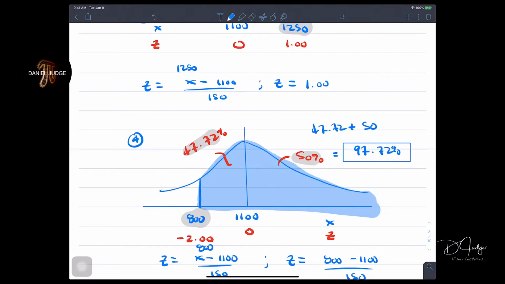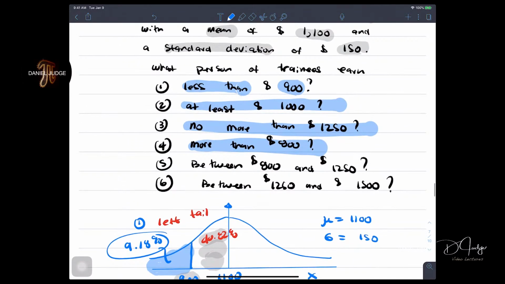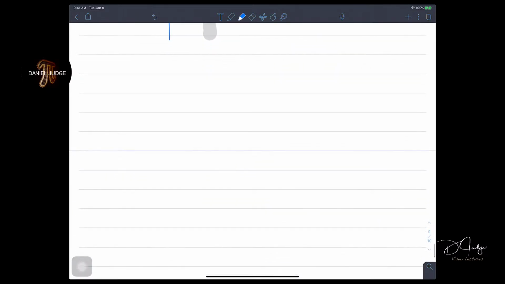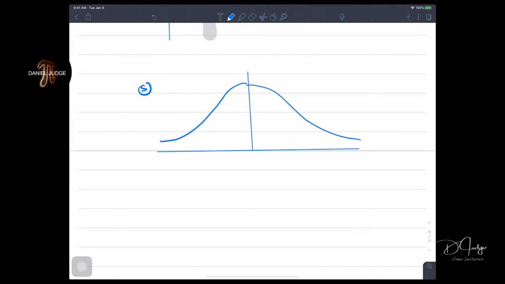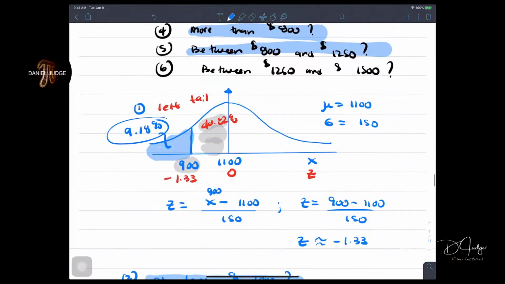Great, we're almost there. And let's see, what's number 5 going to be? So number 5, between 800 and 1250. Okay, let's draw a picture of the question. 1100's in the center, and the question now for number 5 is between 800 and 1250.